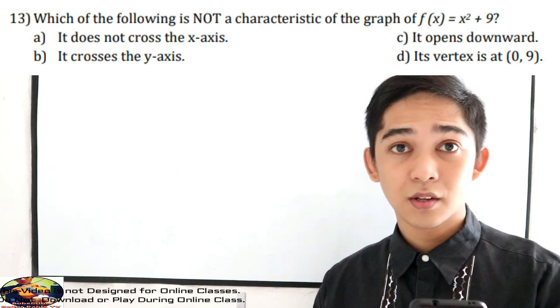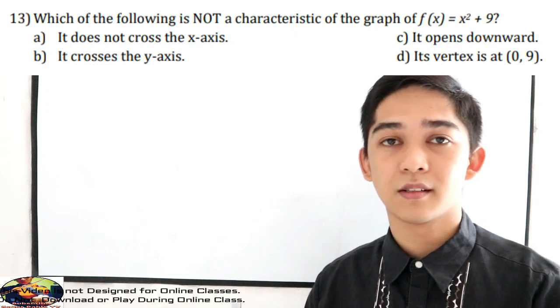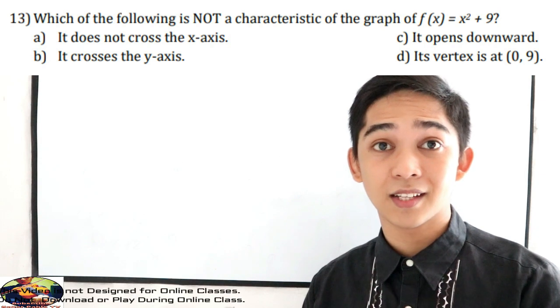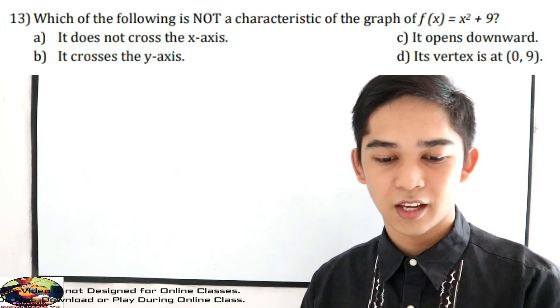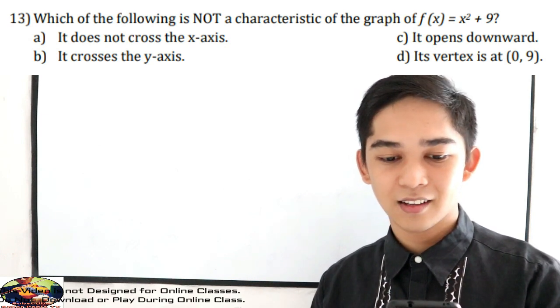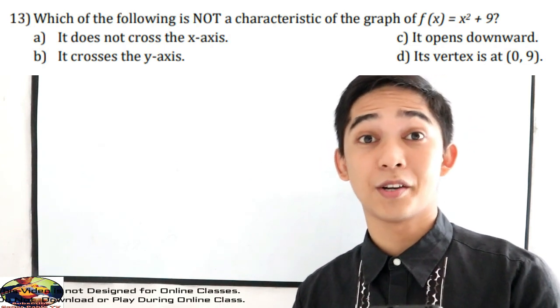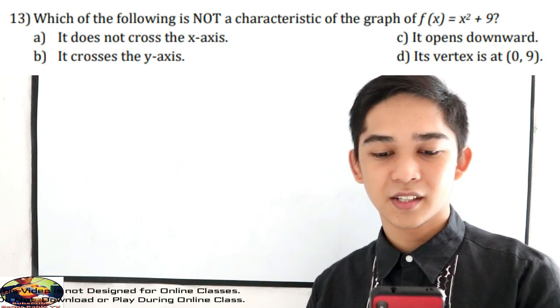So we know that if a is positive, it opens upward. So in number 13, the answer is letter C. It opens downward. That is not a characteristic of f of x is equal to x squared plus 9. Again, number 13 is letter C.